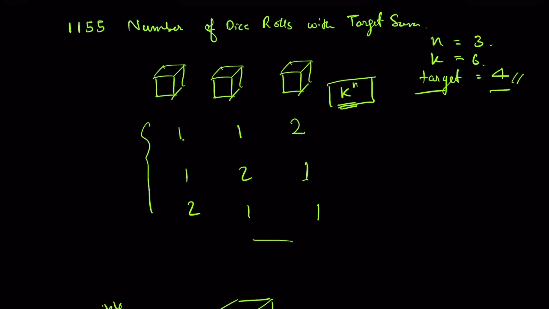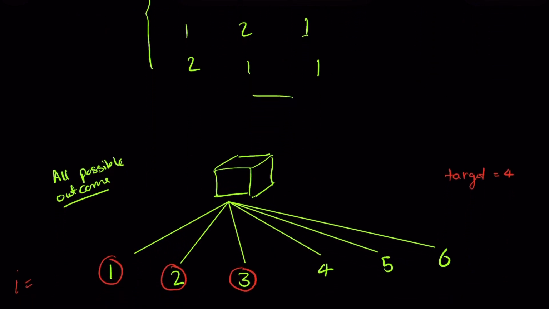So how can we approach this problem? Since in this problem we are asked the number of possible ways, one way to go is to try all the possible outcomes we can get, so means trying all the possibilities. Let's say you take one die and see all the possible outcomes you can get from that particular die. Let's say we roll one die, and these are the 6 possible outcomes.